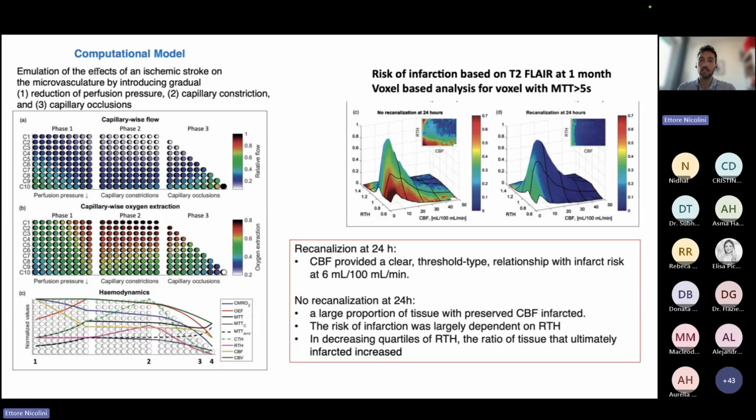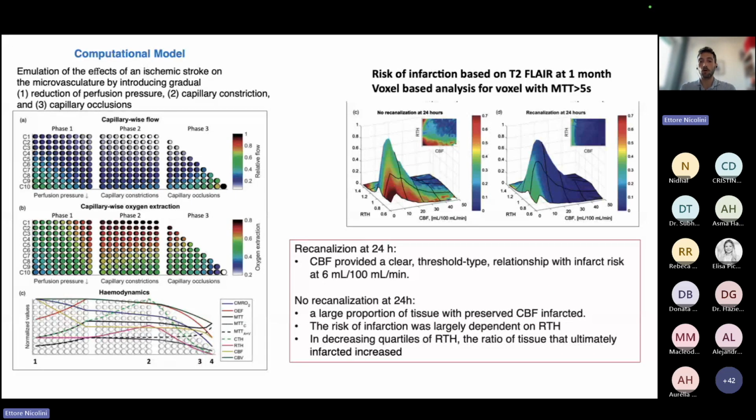Then applying it to the real clinical data, to predict the final infarct volume, what they found was that classical perfusion parameters, in particular cerebral blood flow, could be useful to predict the risk of infarction, but just in recanalized patients with a threshold type relationship, while in patients not recanalized, CBF could not reliably predict the final infarct volume.